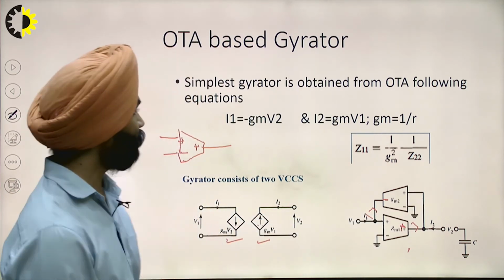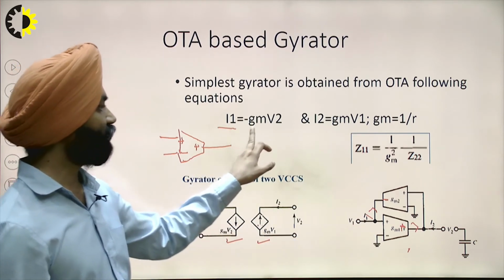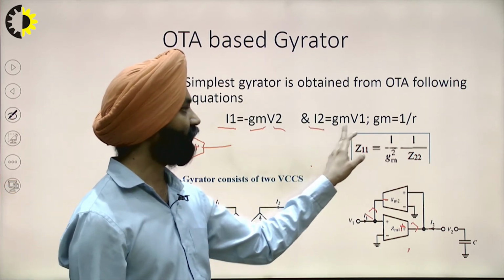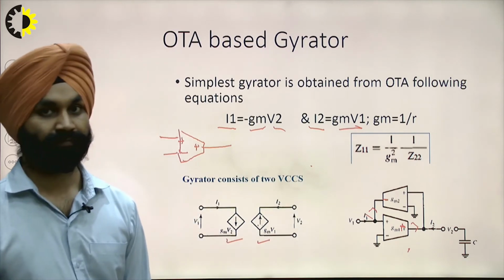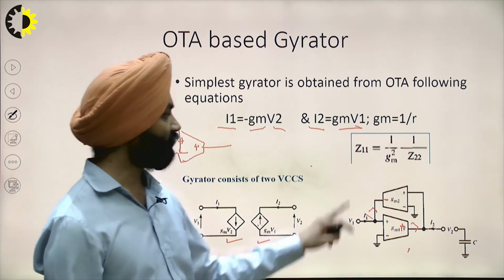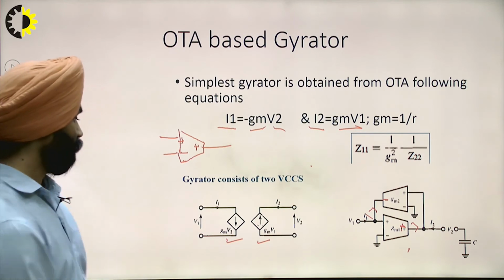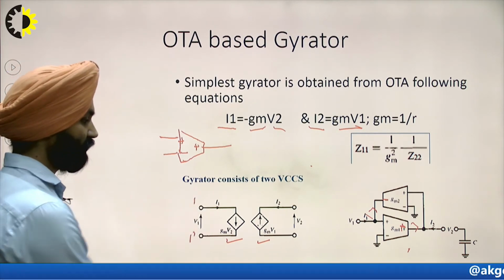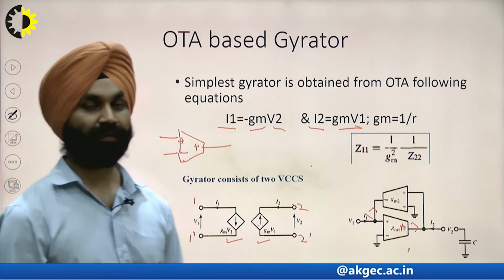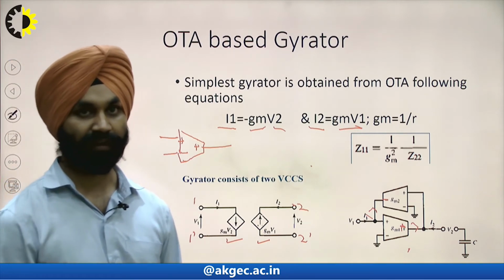So for this we have the equations I1 is equal to Gm into V2 and I2 is equal to Gm into V1. Again we have two equations, suppose this is 1 dash, this is 2 dash. For this OTA based gyrator, OTA is operational transconductance amplifier.